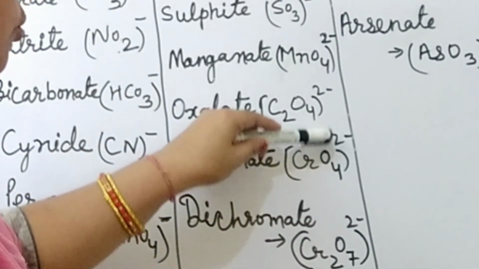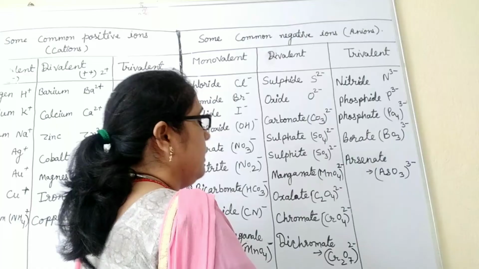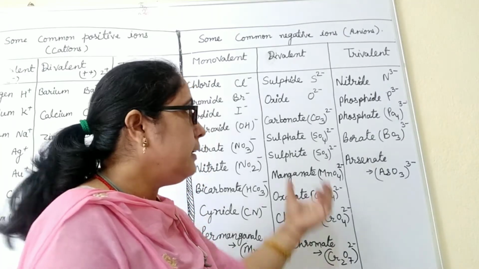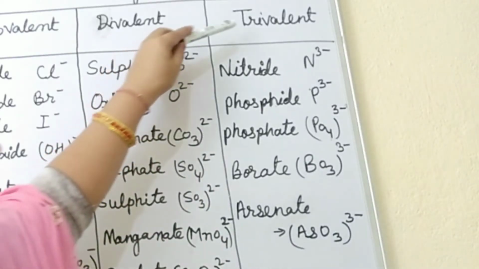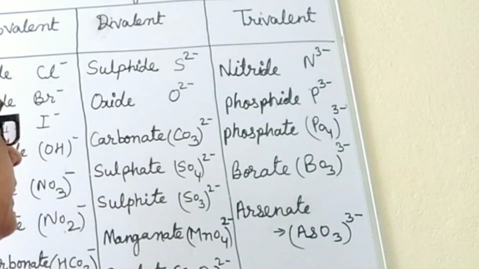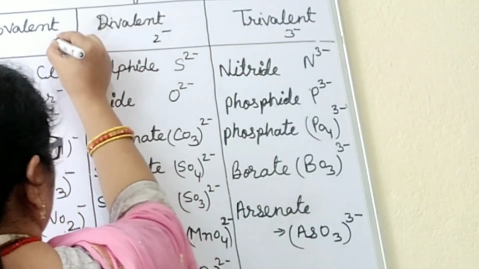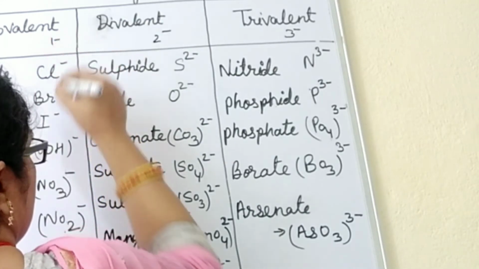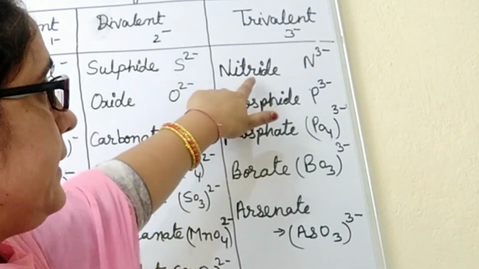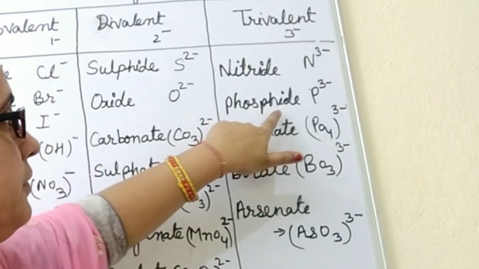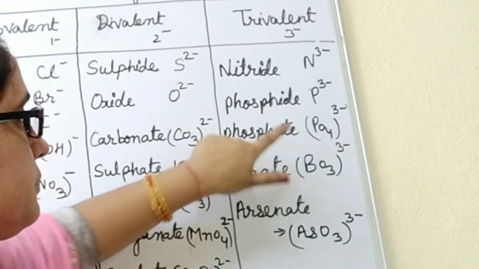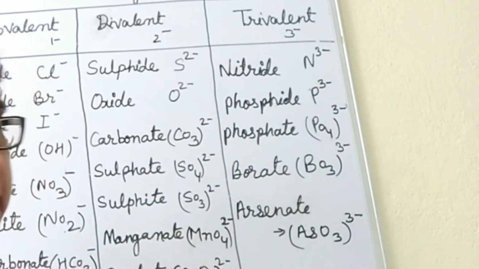They all contain 2 negative charges and their formulas are given here. Similarly, trivalent anions are those which carry 3 negative charges. They are nitride N3-, phosphide P3-, phosphate, borate, arsenate.